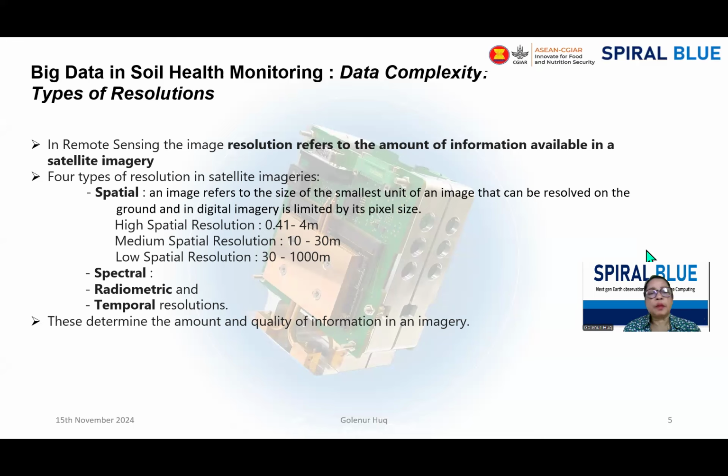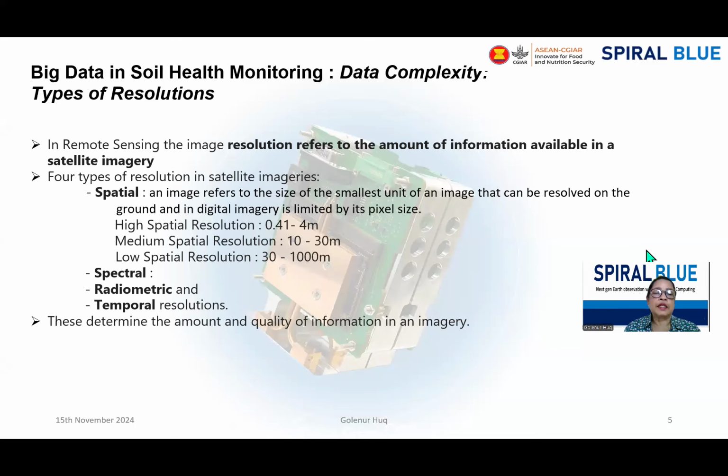Now let's check out what is spatial resolution. It refers to the size of the smallest unit of an image that can be resolved on the ground, and in digital imagery it is limited by its pixel size. There are 3 types of spatial resolution.